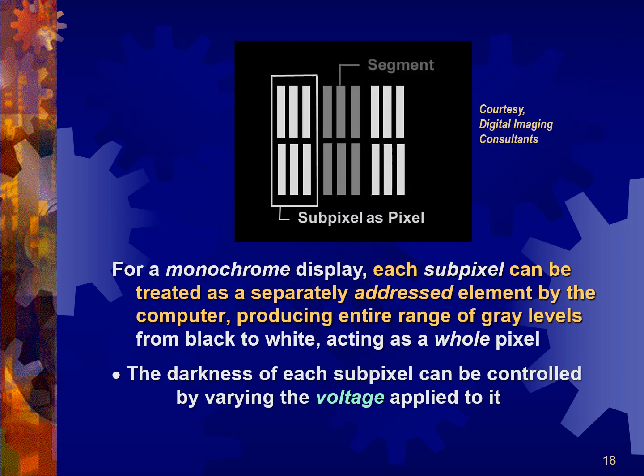Okay, so for a monochrome display, like an X-ray, each subpixel can be treated separately as an entirely different addressed element. Okay, so we vary the voltage, that varies the current, and so you actually improve resolution by displaying a black and white image rather than a color image.